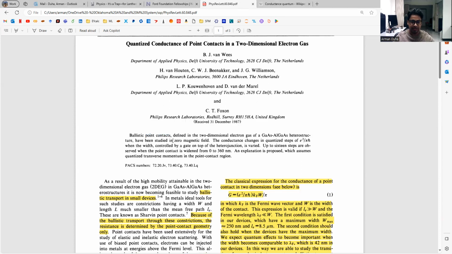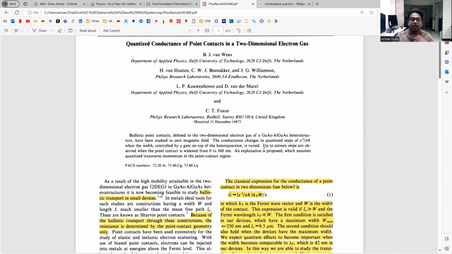There is no magnetic field here, so this is not Hall conductance in the traditional sense. This is quantized conductance, but there's no Hall conductance here. They have a sample of a gallium arsenide and aluminum gallium arsenide heterostructure. It's a 2D sample, and they see that the conductance changes in quantized steps of e square over pi h bar, which is the same as 2e square over h, when the width, controlled by a gate on top of the heterojunction, is varied.